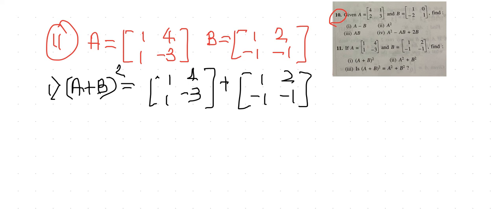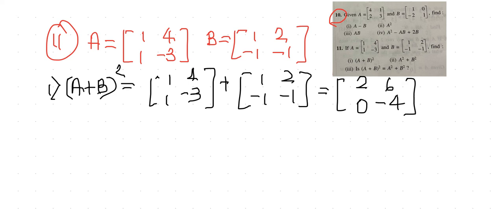So how much will this be equal to? Upon addition, this is going to be equal to, just a second, students. So this is 1 plus 1 is 2, 4 plus 2 is 6. Okay, and then here you have 1 minus 1 is 0, minus 3 minus 1 is minus 4, not minus 1, children.